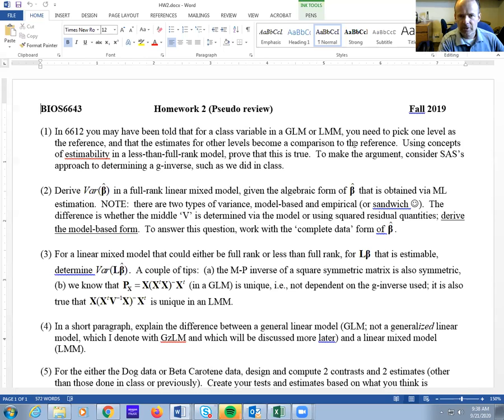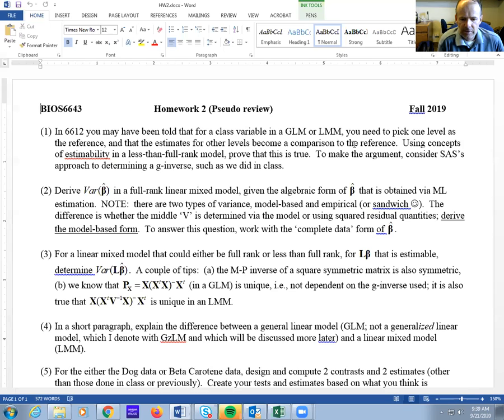It's then that you can show that the estimate for another level becomes a comparison to the reference. So this really gives us the foundation to understand what we were doing before. That's one of my responses to your question.